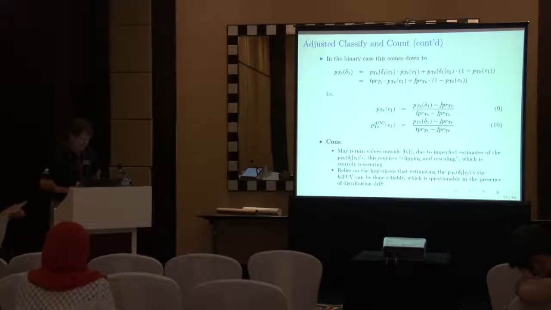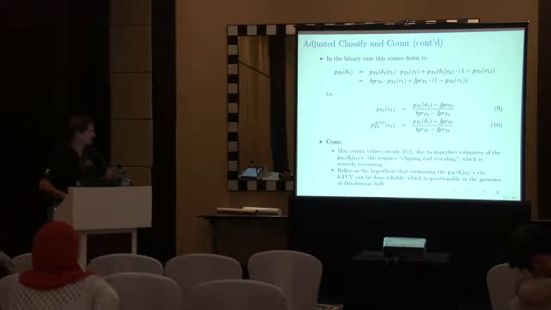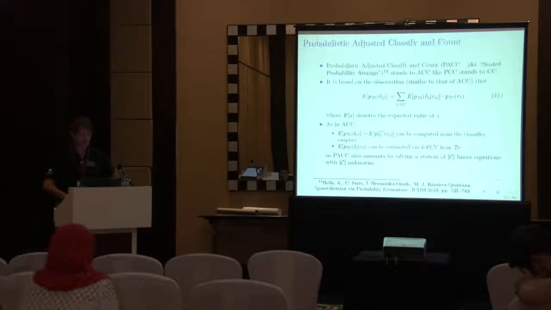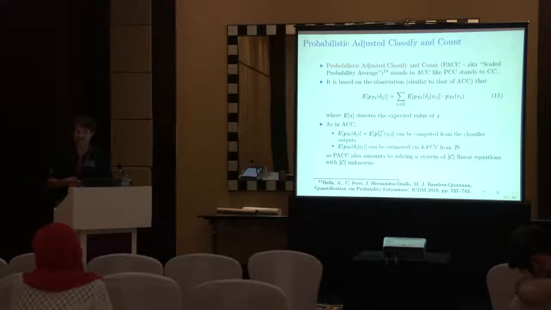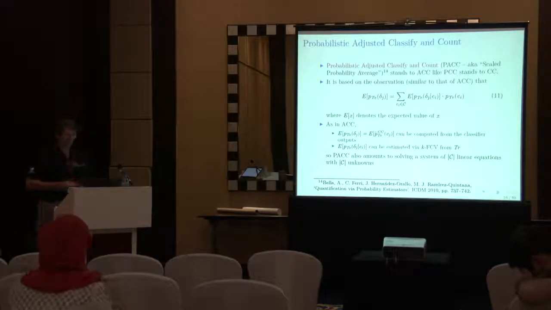Okay, so we said that the assumption that these misclassification probabilities can be estimated reliably is a bit troublesome. There is a fourth method here, which is called probabilistic adjusted classify and count, and I guess you can get what it means.